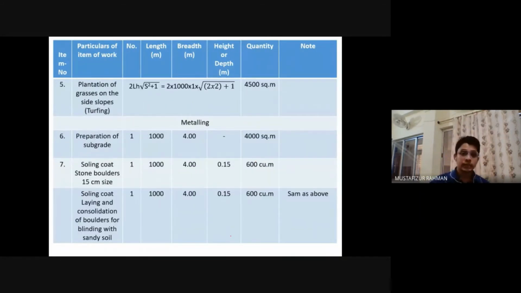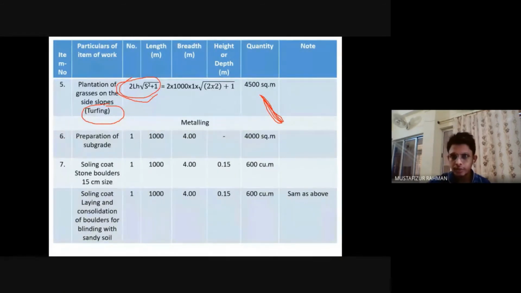Then turfing. Okay, remember turfing? So we have to do plantation on this side of the slope. So there we are doing turfing. What is that? Area. This was the formula. So first what we did, we found this sloping grade, that is h into root over s square plus 1.